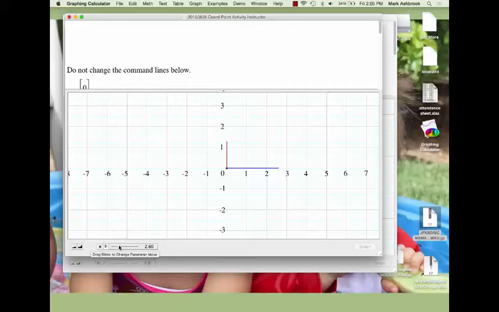So we want a command line that creates every ordered pair on that blue line. So graphing calculator reads our mathematical statement and says, oh, I know what ordered pairs you want. You want all the ordered pairs starting from 0, 0 to 2.60.